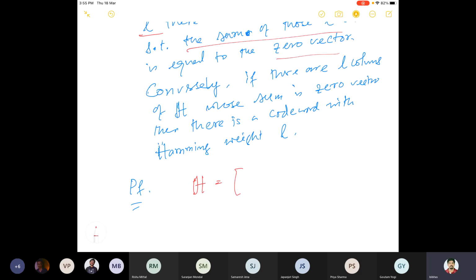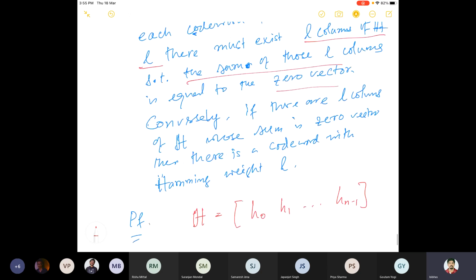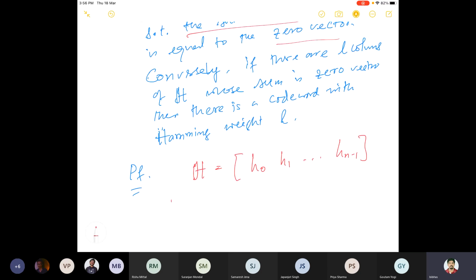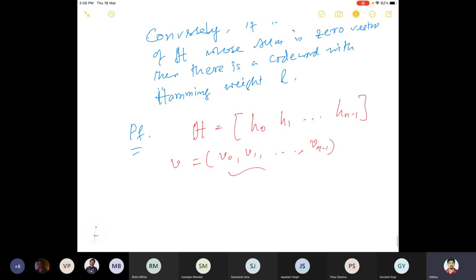H has n columns, so let's say this is H0, H1, dot dot, H(n-1). Now, if you have a code word whose Hamming weight is L, it means you have some code word V, which is V0, V1, dot dot, V(n-1), where L of these entries are 1.